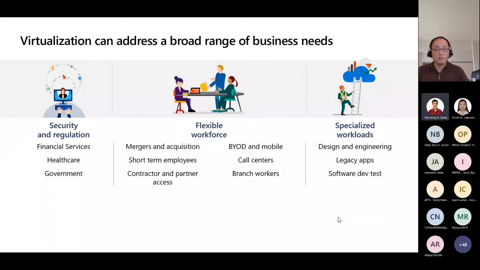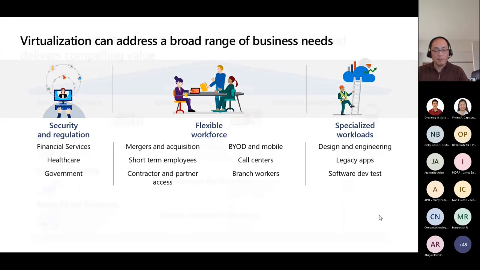However, deploying and managing an on-premise virtualization infrastructure, especially for desktop scenarios, can be complex and costly for IT and the business. So Windows Virtual Desktop is the comprehensive desktop and app virtualization service running in the cloud, and it offers organizations an option to optimize their desktop virtualization experience and leverage the power of the modern cloud.